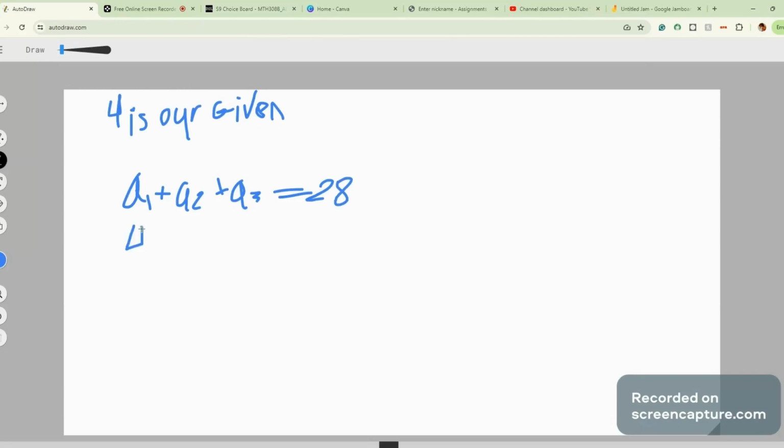Another way you could write this is 4 plus 4 times the ratio plus 4 times the ratio squared, which equals 28.